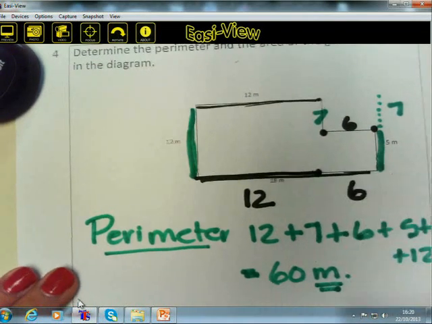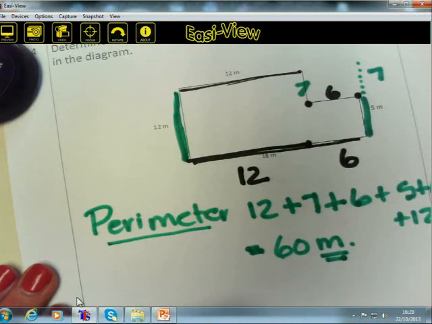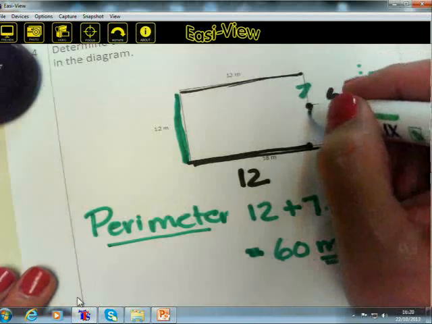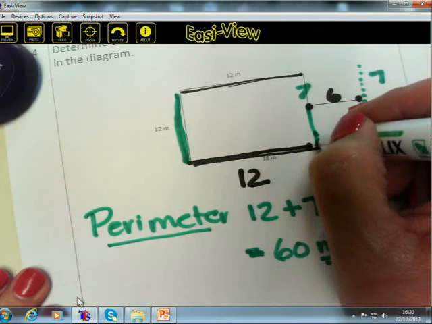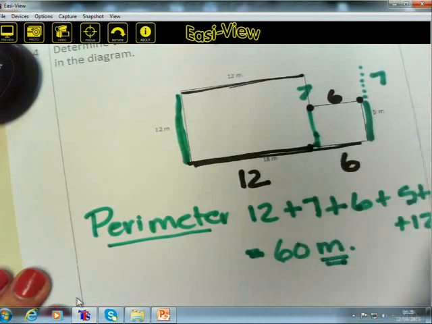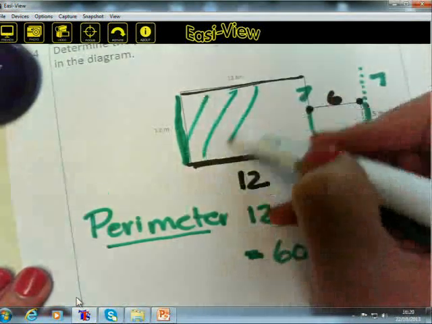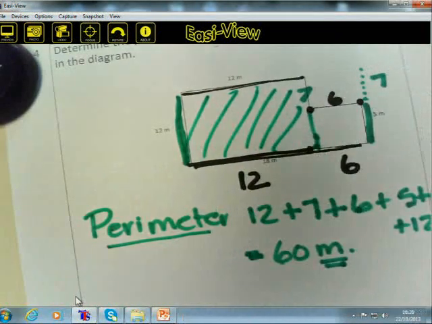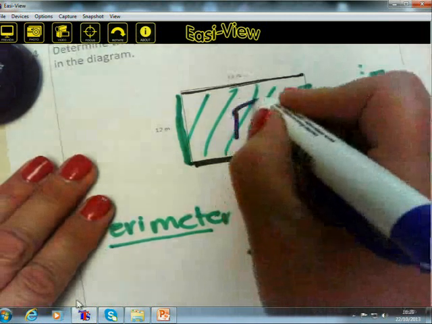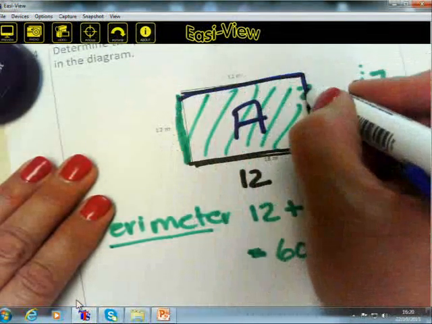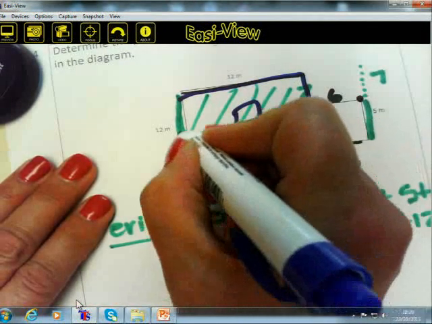Now to do the area of this figure. The area of the grass or the area of this part. The best way is to do it as you eat an elephant. Let's start with this part. Let's call that block A. So I want the area of this block.